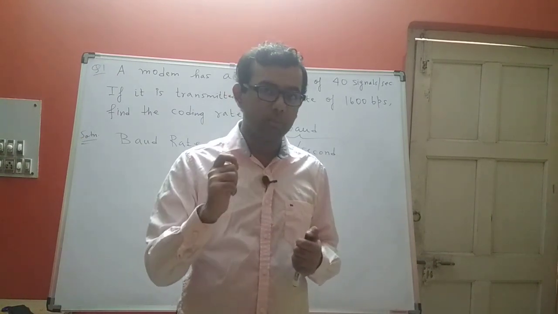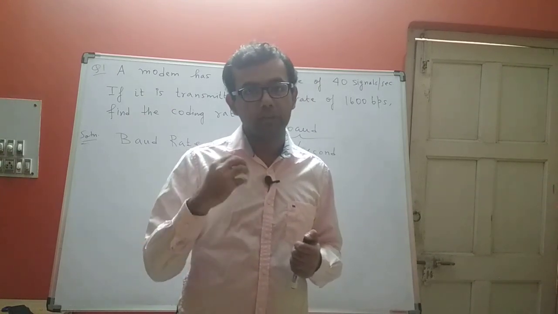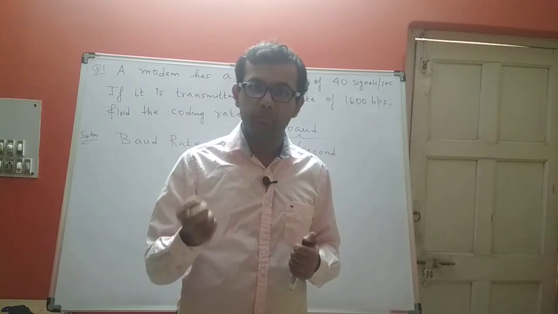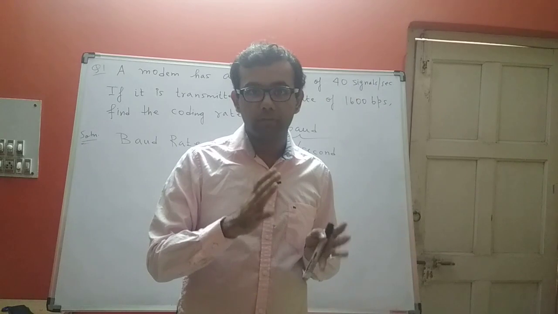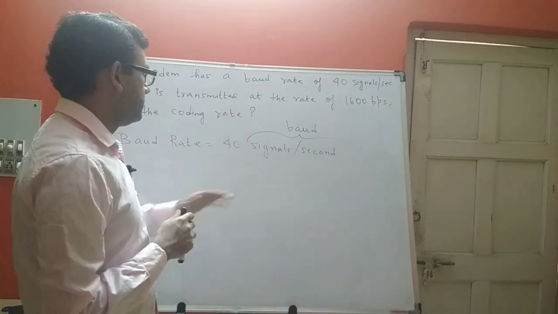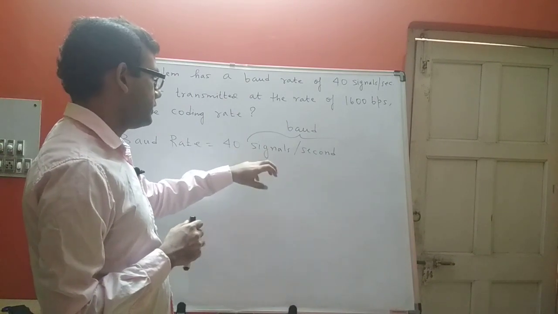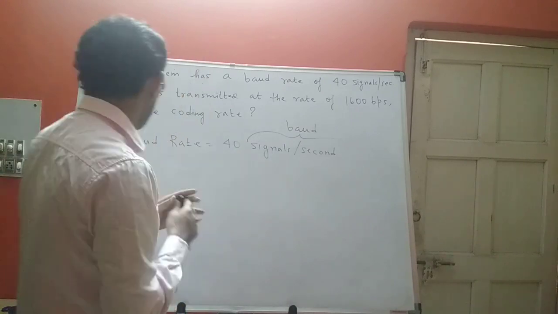So number of bits you're able to transmit every second constitutes your bit rate, and number of signal elements you're able to transmit per second constitutes your baud rate. So a baud refers to a signal element. Here your baud or baud rate refers to the number of signals transmitted per second. So I hope this part is clear.